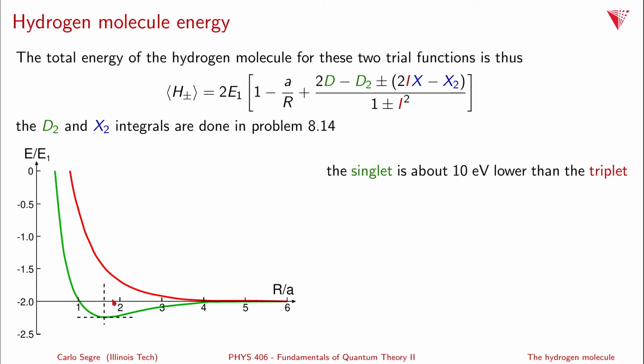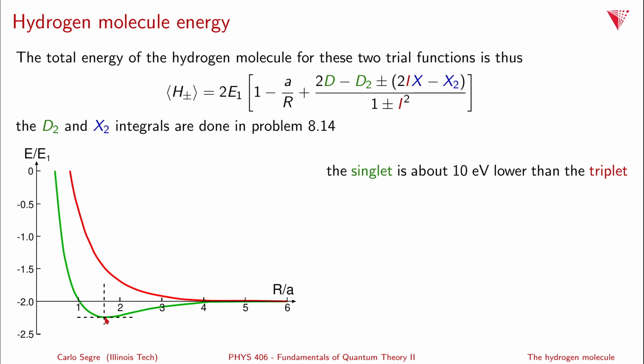The distance is shorter, as you might expect, because you have 2 electrons holding the protons together, so a stronger attraction, and that pulls the protons together. And the triplet state, which is red, is about 10 eV higher. The singlet state goes below the asymptotic value, which is that of 2 separate hydrogen atoms, but the triplet state never goes below that value.